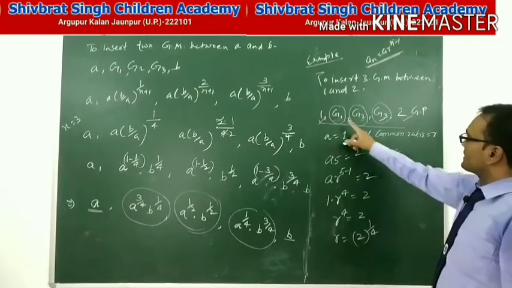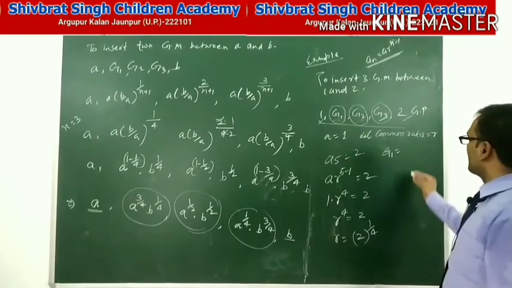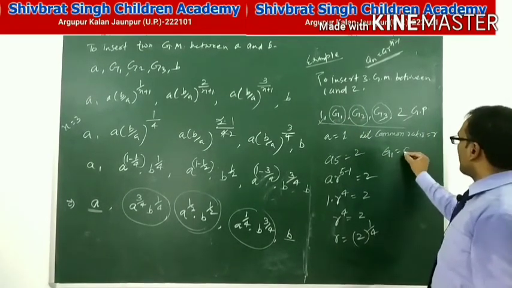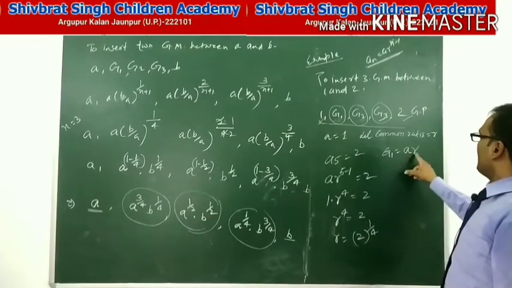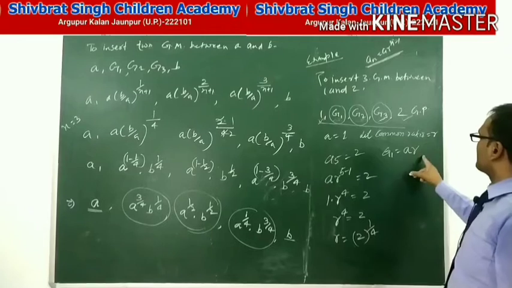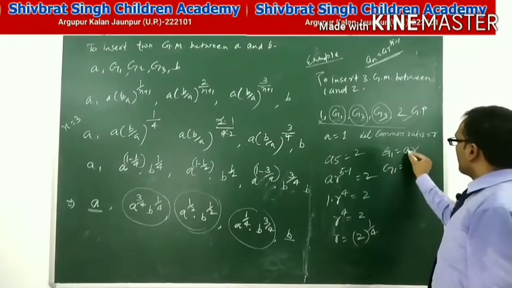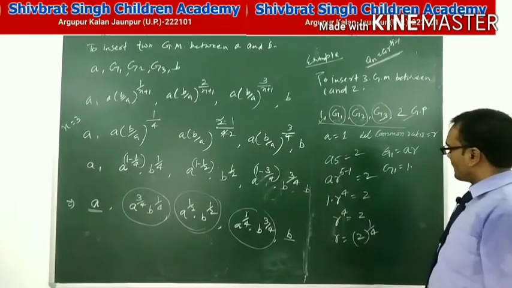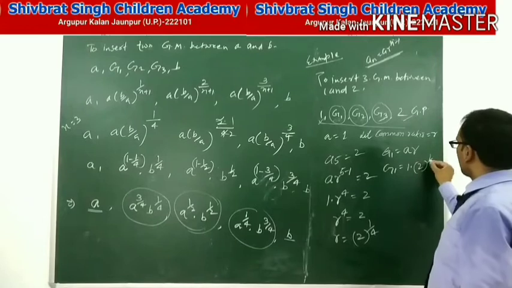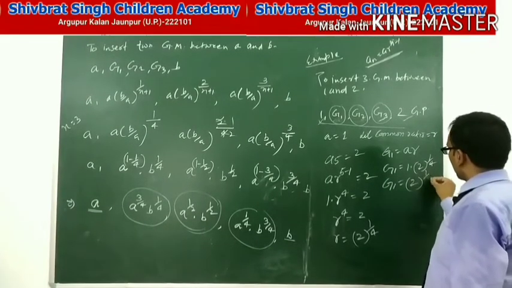Then G1 is the second term of this GP. G1 equal to a r to the power 2 minus 1, with a equal to 1 and r equal to 2 to the power 1 by 4. So G1 equal to 2 to the power 1 by 4.